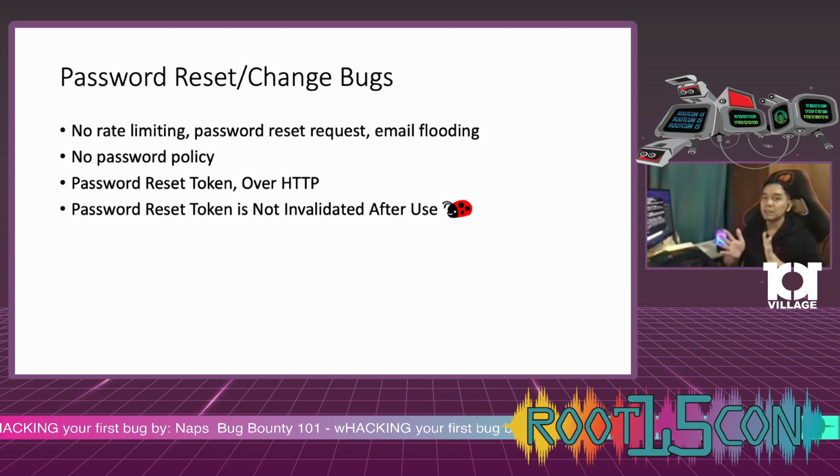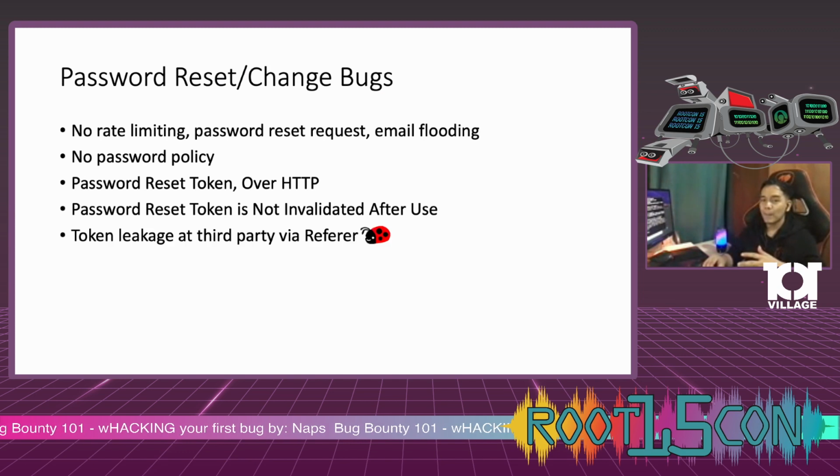But sometimes the password reset token has a long expiry time, for example 1 day or 2 days, and some companies don't accept that as an issue. Okay, let's move on.